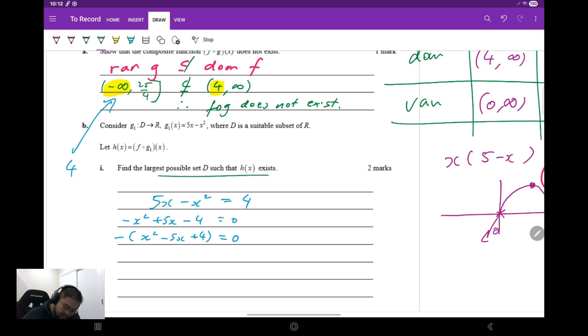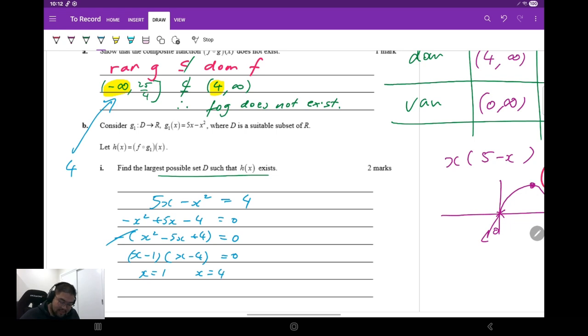From here we can factorize. This becomes x minus 1, x minus 4 equals 0. So our solutions are x is equal to 1, x is equal to 4.